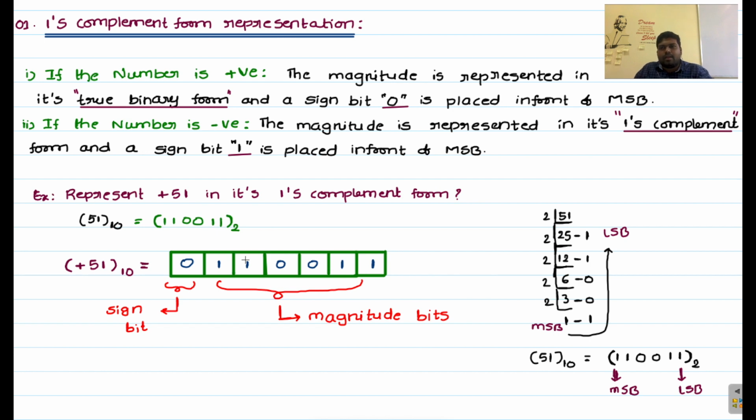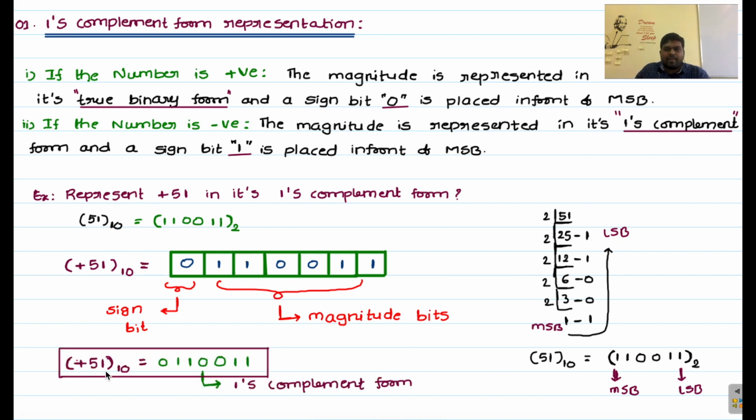So if they ask about the ones complement form of a positive number, then you can take the value directly. So the ones complement of 51 base 10 equals 0110011. You don't invert the binary bits; that is only applicable for negative number representation, not for positive numbers. A positive number is the same in sign magnitude form, ones complement form as well as twos complement form.